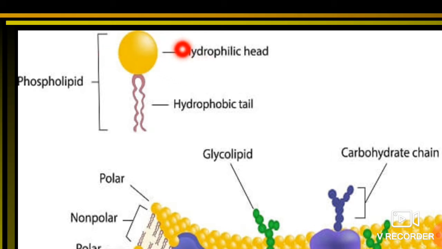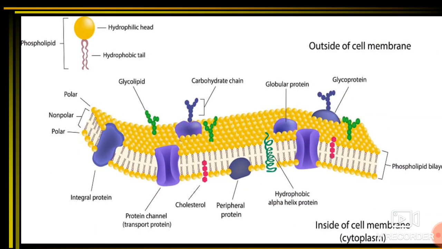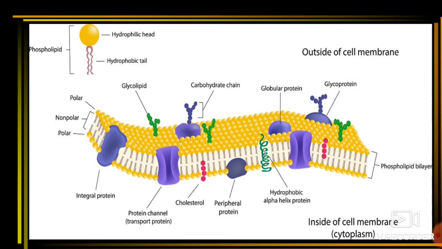It comes in contact with water, it does not hate water. The tail is hydrophobic in nature, so it hates water. I mean it will not face the water. These two things come together and form the phospholipid, and many phospholipid molecules come together and form the plasma membrane or cell membrane.